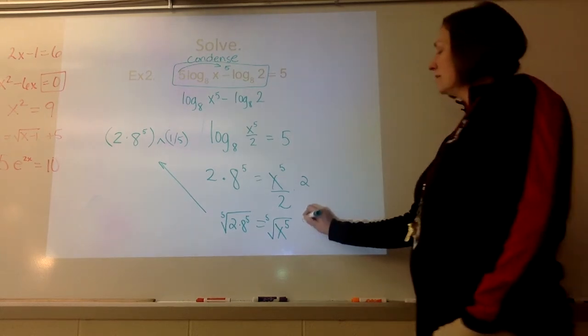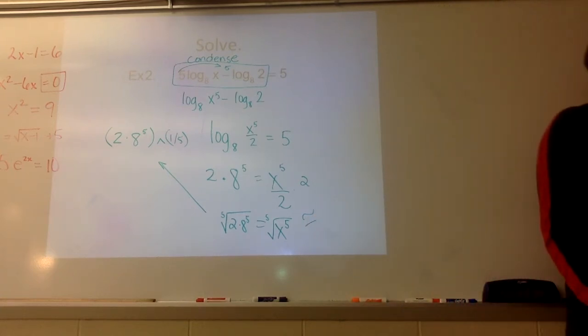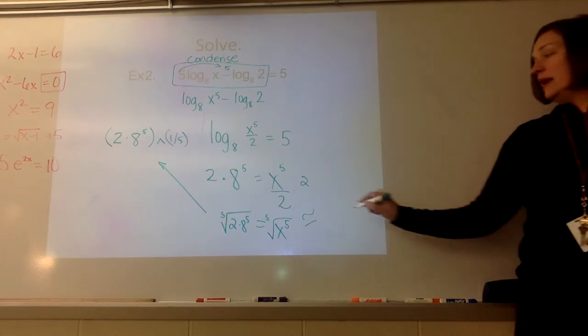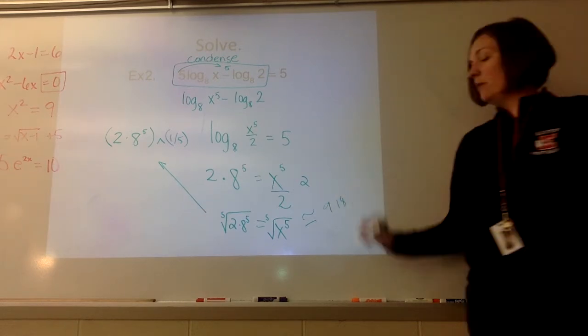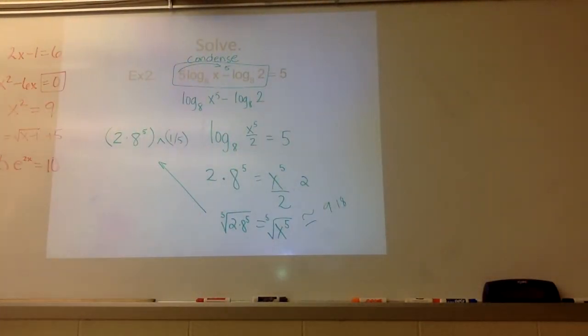What do I get approximately for x? What'd you get? 9.18. Anybody else get something different? Put it in your calculator. Let's go. 9.19.